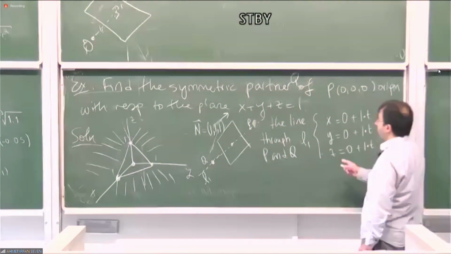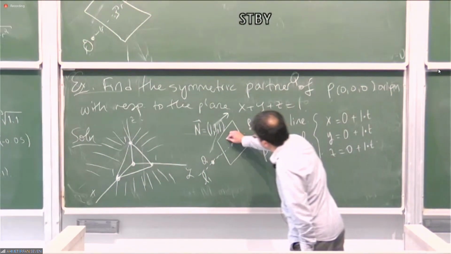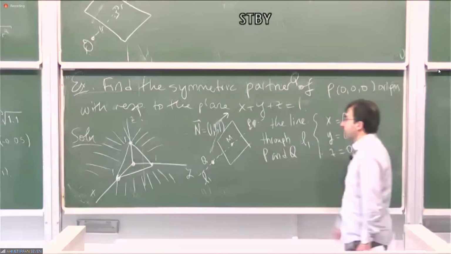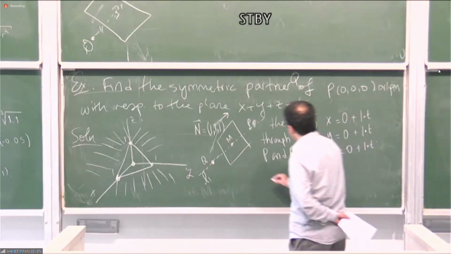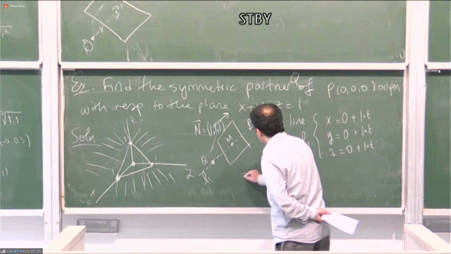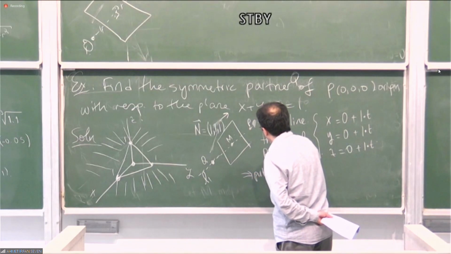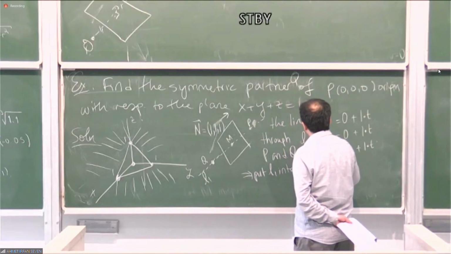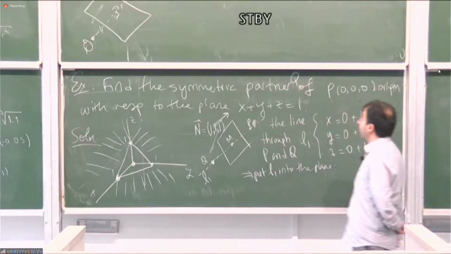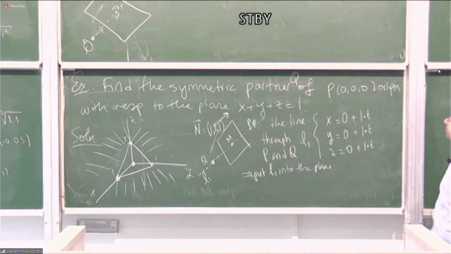Now again, to find this intersection, let's call this point M. To find M, put L1 into the plane to find the intersection.